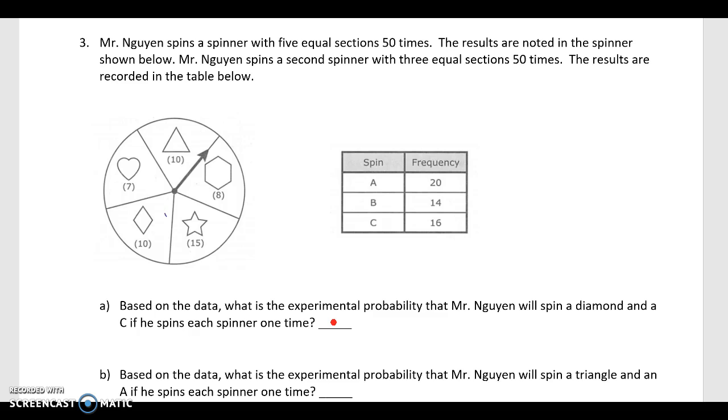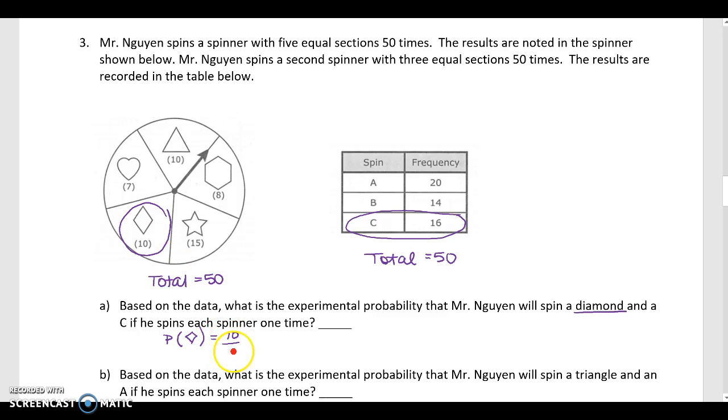So the probability of a diamond and a C. And we know that the total for each is 50 because it tells us. All right. So first we want to know the probability of a diamond. So the probability of a diamond is, they say 10 out of 50, which we can simplify, right?